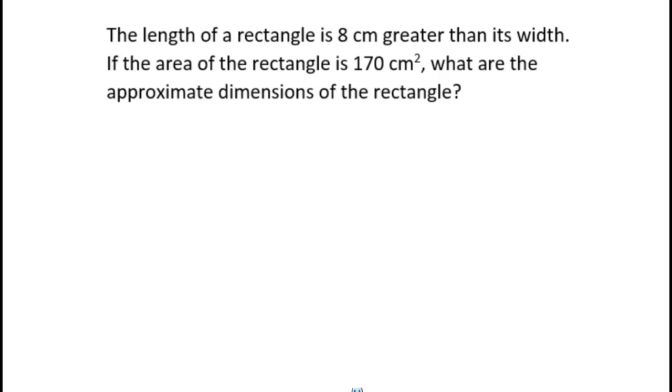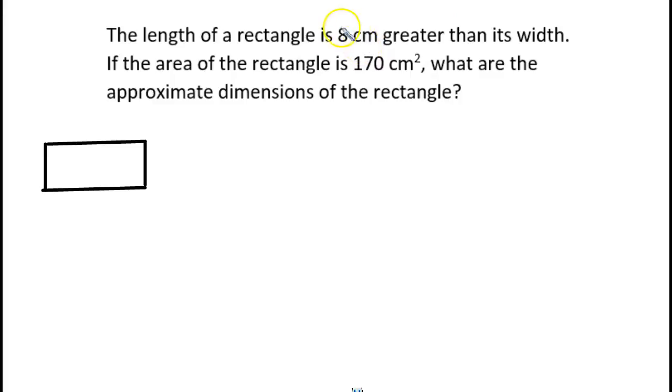I'm the kind of student that when I see a problem like this, I can't just jump in and start doing the math. I need to see the picture. So I'm going to come off to the side and I'm going to draw myself a rectangle. It doesn't have to be perfect, just needs to look like a rectangle. So I can get an idea of what this picture is going to look like. I know that my width is less than my length.